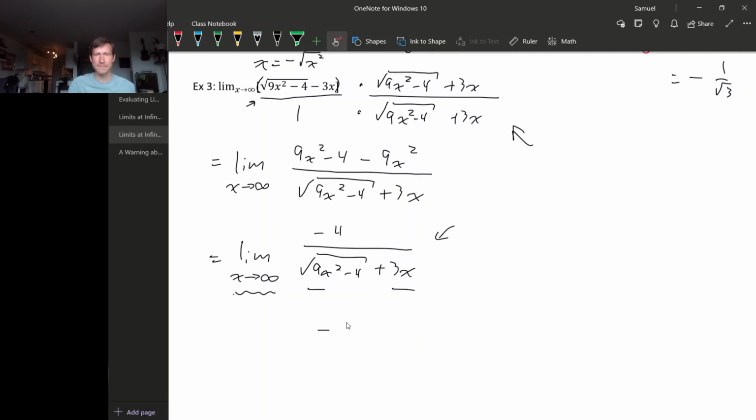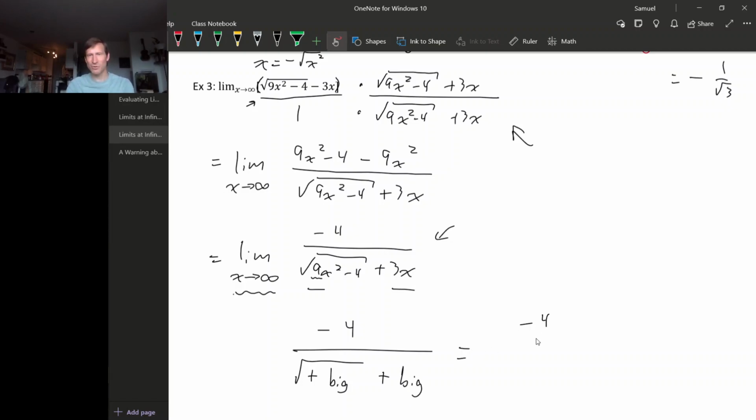So the numerator is minus 4, so it just stays minus 4. Now this stuff inside the square root is a quadratic that's opening up because it's positive 9 here. So the stuff inside the square root is a big positive, and getting bigger, plus this 3x, where x is going to plus infinity, so 3 times x is getting really big. So what happens to this whole thing?